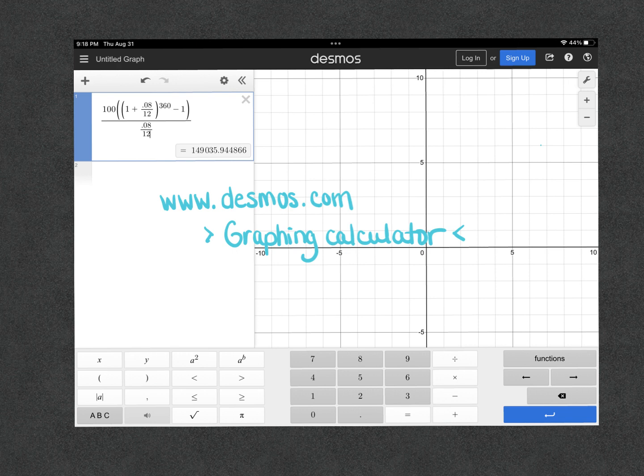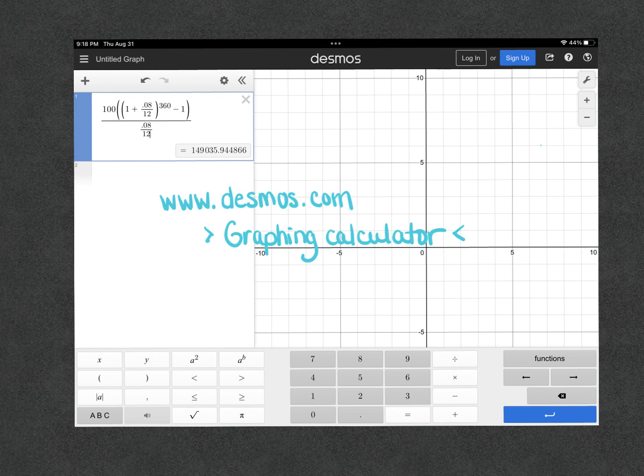It costs nothing. And there is also an app that you can get if you don't like going to the website all the time. But the beauty of Desmos is you can type this problem in exactly as it appears on the paper: the parentheses, the fractions, the exponent that's raised up in the superscripted format, and then your answer pops up right here.